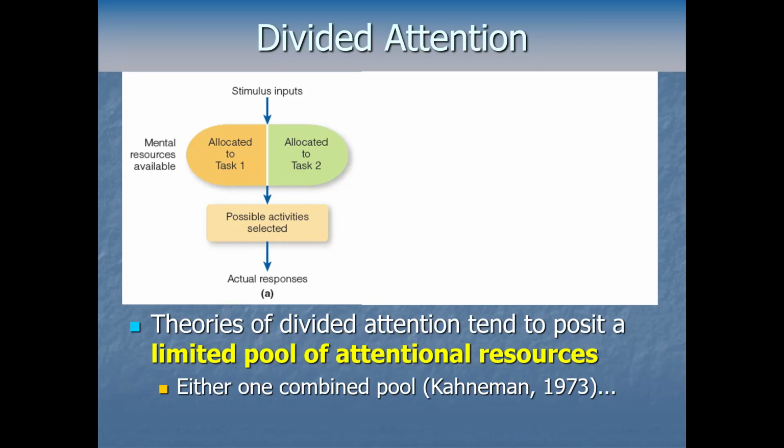Getting back to the general model of divided attention that we're testing with these dual task paradigms, one way of thinking of attention is that it involves a limited pool of attentional resources. So for example, Daniel Kahneman theorized that we've got one big pool of attention that we can allocate part of to task 1 and part of to task 2. Of course, it doesn't have to be 50-50, right?